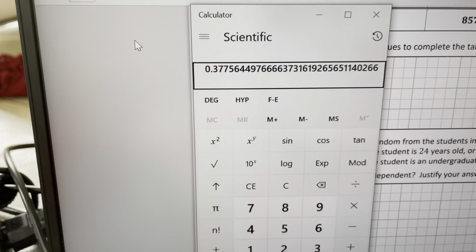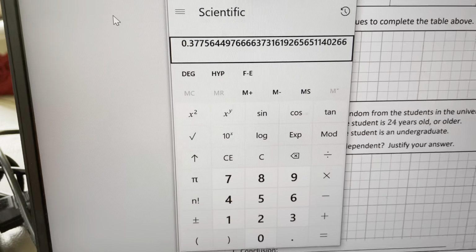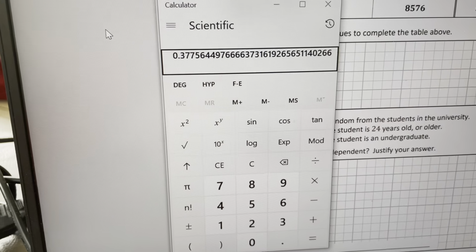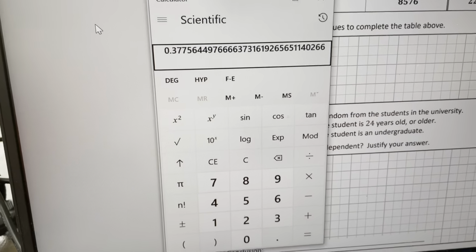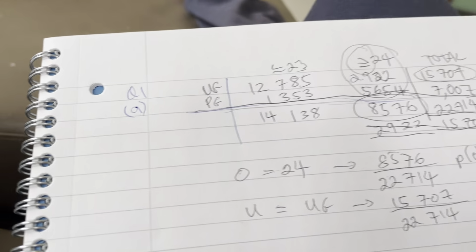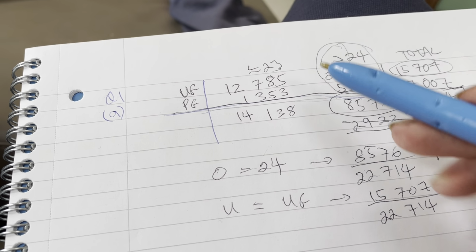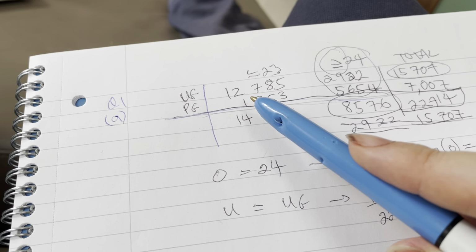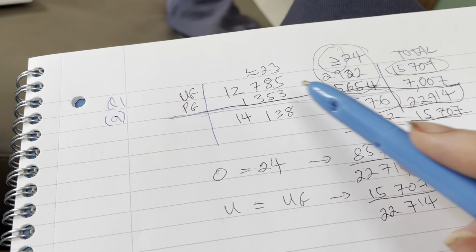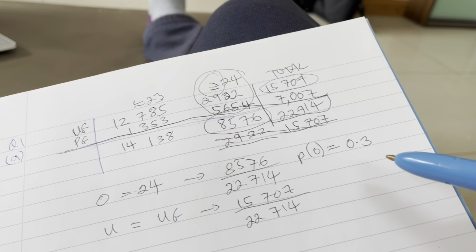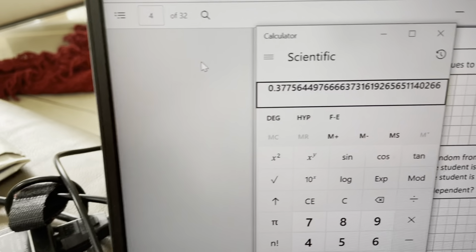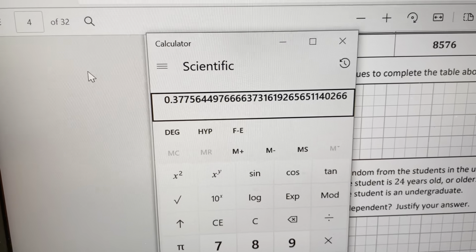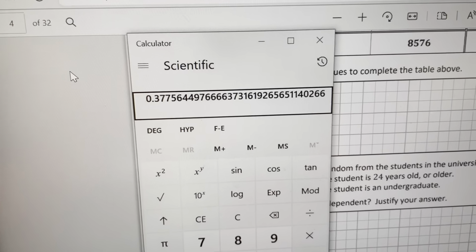Okay, 0.3. The question is how many significant figures. In your question you've got 5 significant figures, and I don't think you'd need that many decimal places, but let's just give a fair few anyway. 0.3776, let's say.